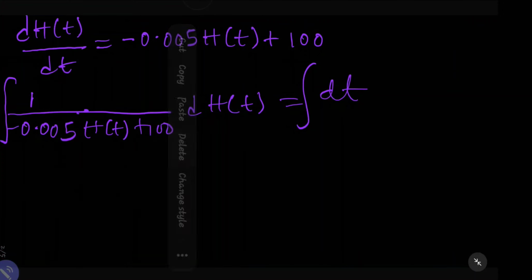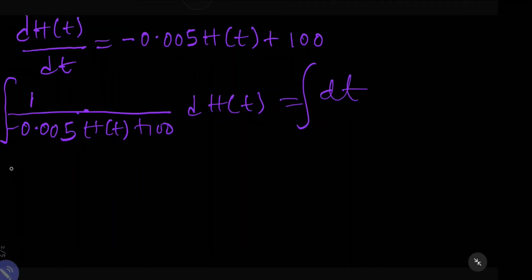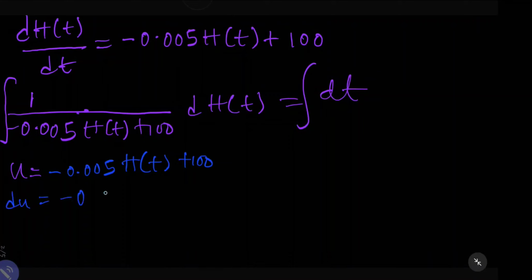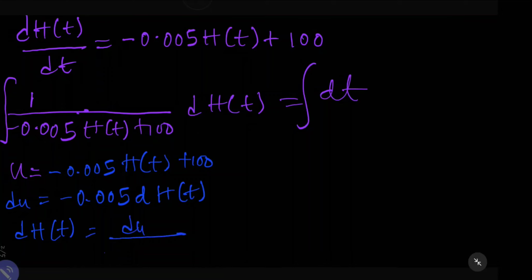So let's say that our u is this denominator, minus 0.005 h of t plus 100. This means that our du would be minus 0.005 dh dt, and this also means that the dh dt would be du all over minus 0.005.